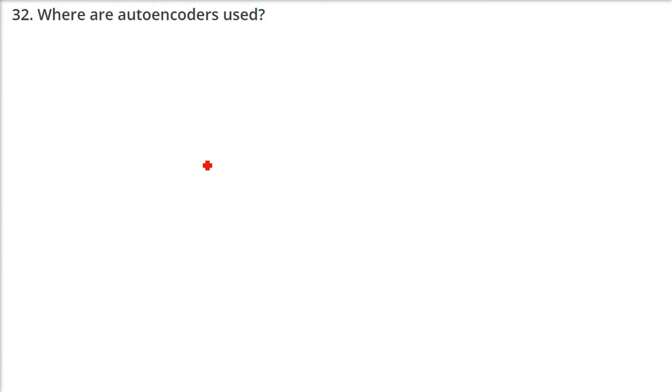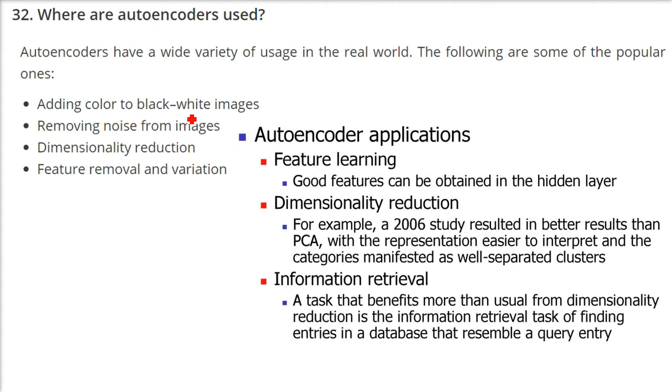Where are autoencoders used? Autoencoders have a lot of variety of uses. Now this is the autoencoder picture. You have the input, then it goes on decreasing till a certain limit, and then it goes back to increasing. Finally, the initial data is retrieved back, whatever is given.